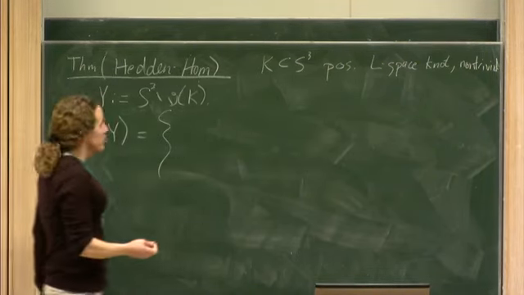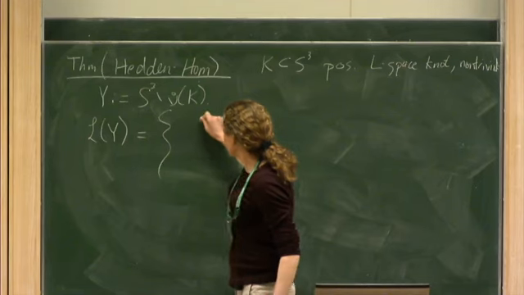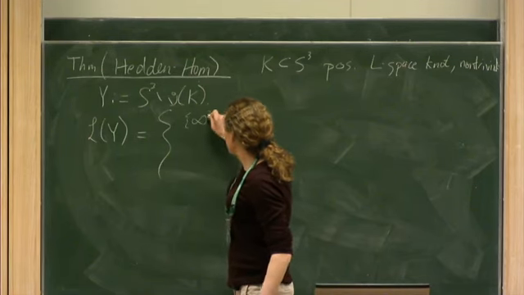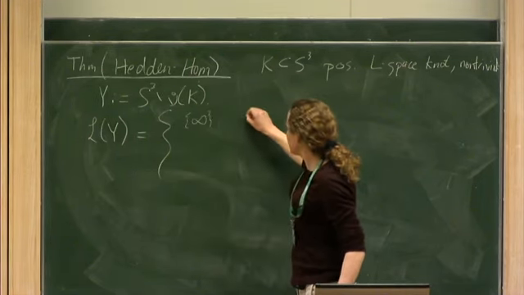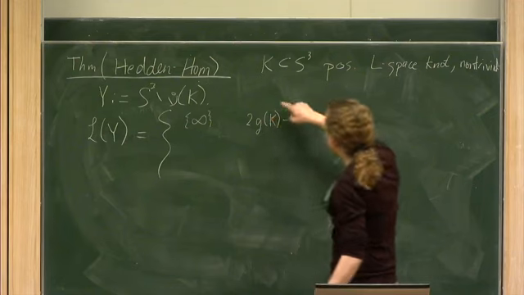the L-space interval for Y is given by 2g minus 1 to infinity.